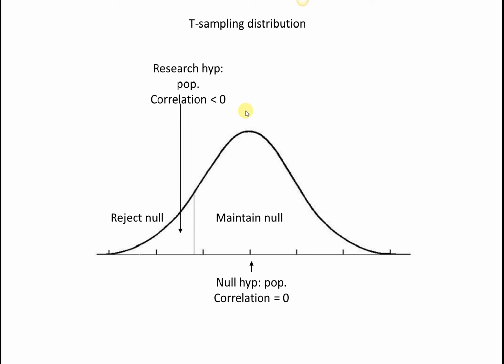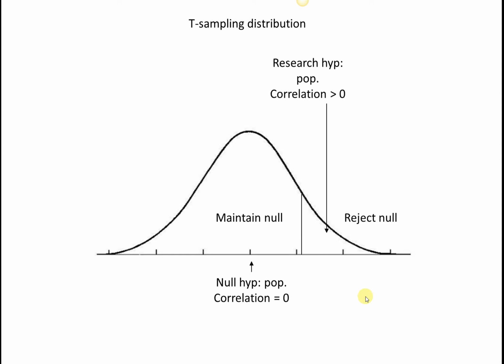The same general logic would apply if our research hypothesis was that the population correlation is less than 0. In this case, if our sample correlation puts us out in this region, we would reject the null hypothesis and conclude that our population correlation is less than 0. If our sample correlation puts us in this region right here, we would maintain the null hypothesis and infer that the true population correlation is equal to 0.